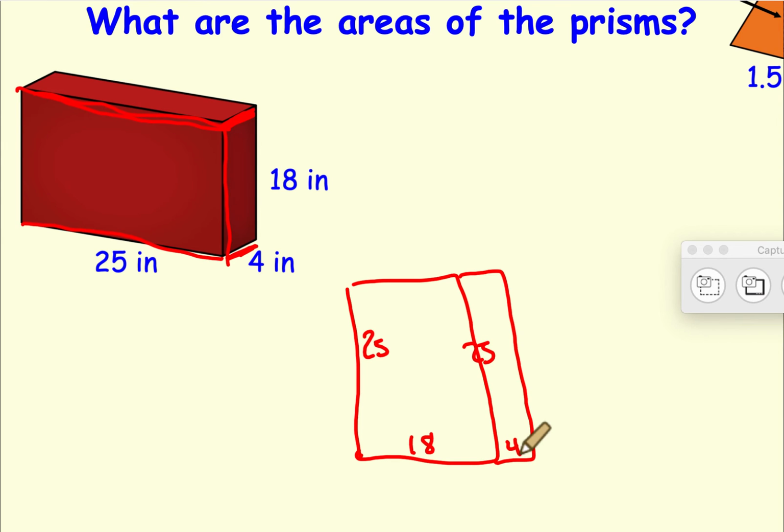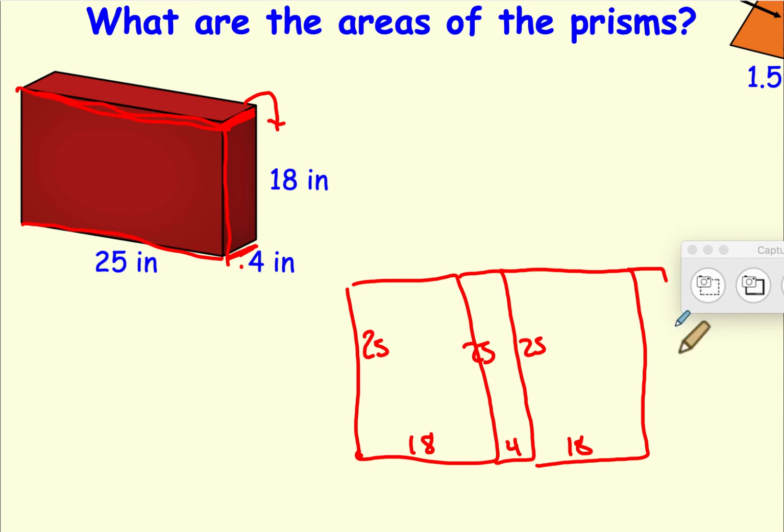Okay, and if I was to look on the other side of that box, I would see another one that is 25 by 18. And then on the bottom, I would see one that is 25 by 4. Then I have this one right here, and I see this is the 4 inches, so I could draw it right here off of this one.